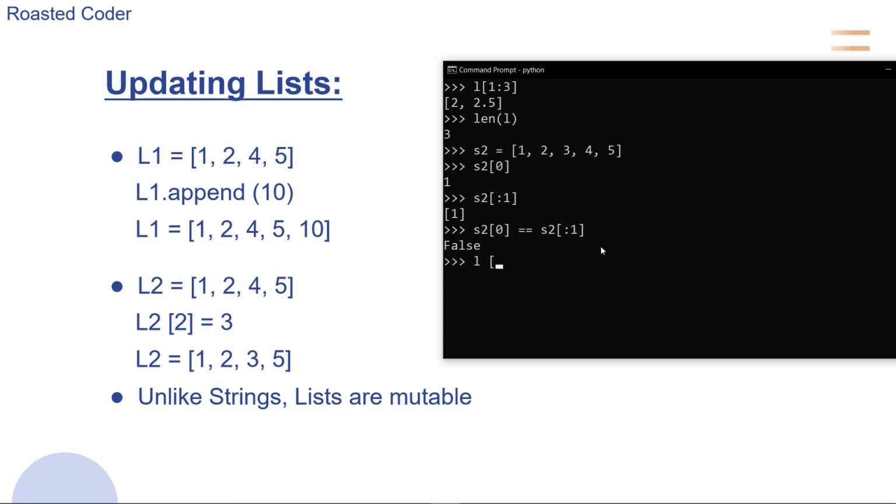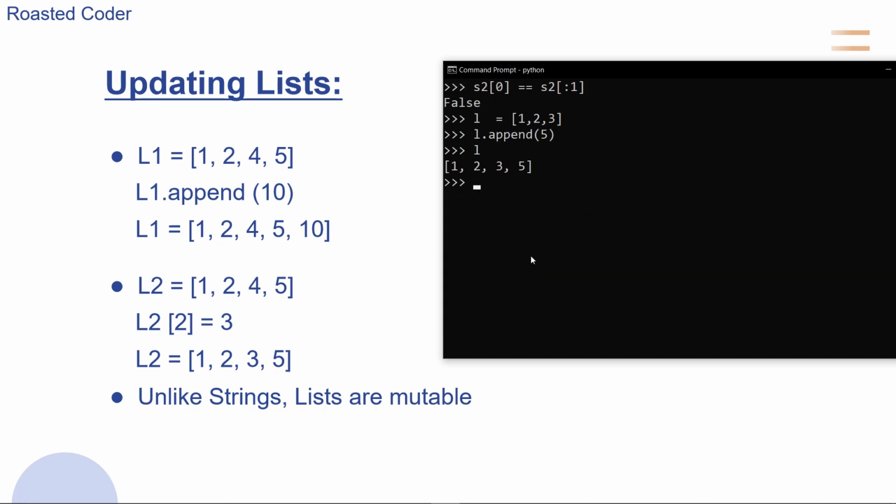Like if we take 1, 2, 3, and now if you want to add 5 at the end of the list, we just have to type append and pass 5 to the append function, and it will add 5 to the end of the list.